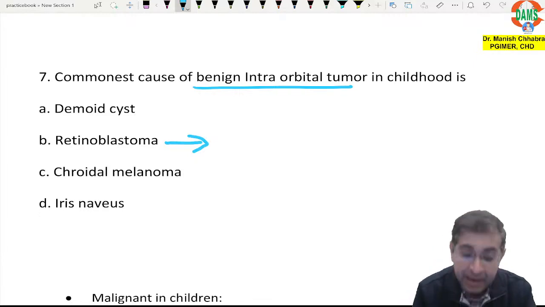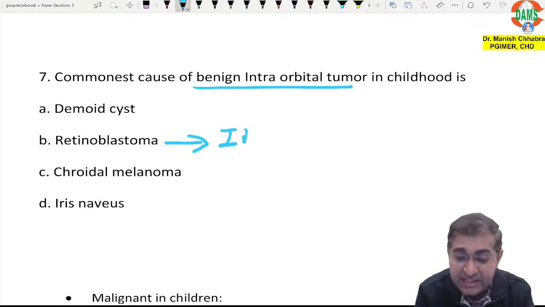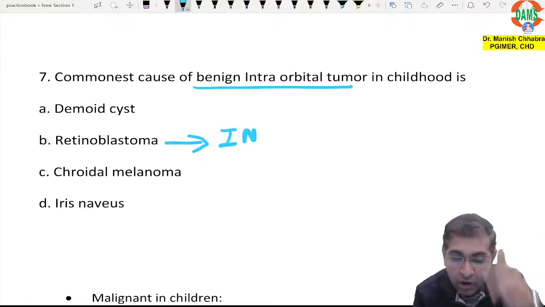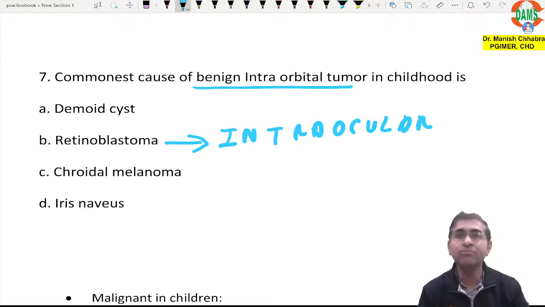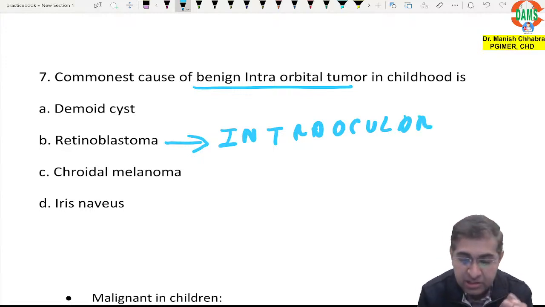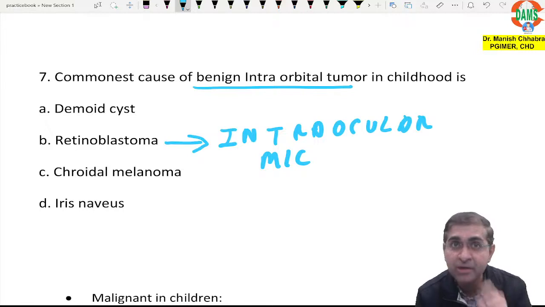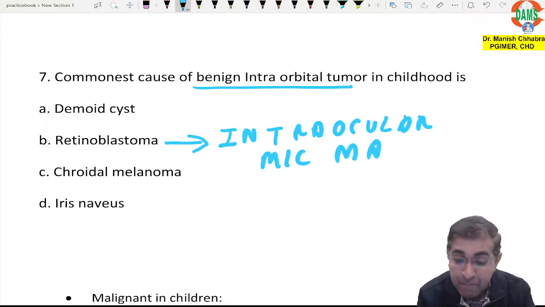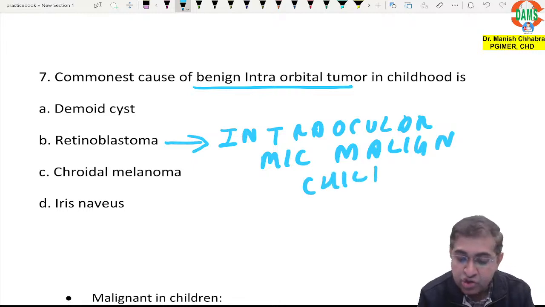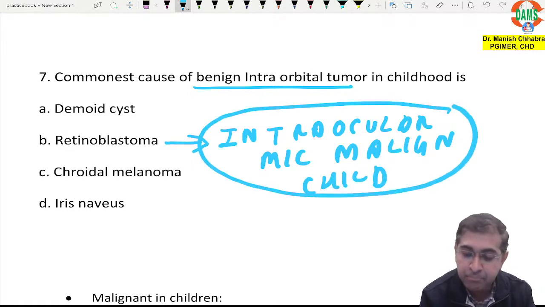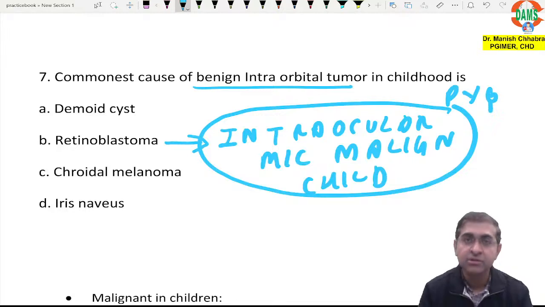But retinoblastoma is inside the eyeball, so it is your intraocular tumor. And mind you, this is your most common malignant intraocular tumor in children, your PYQ. You got one green chilli, a green capsule, got for free.